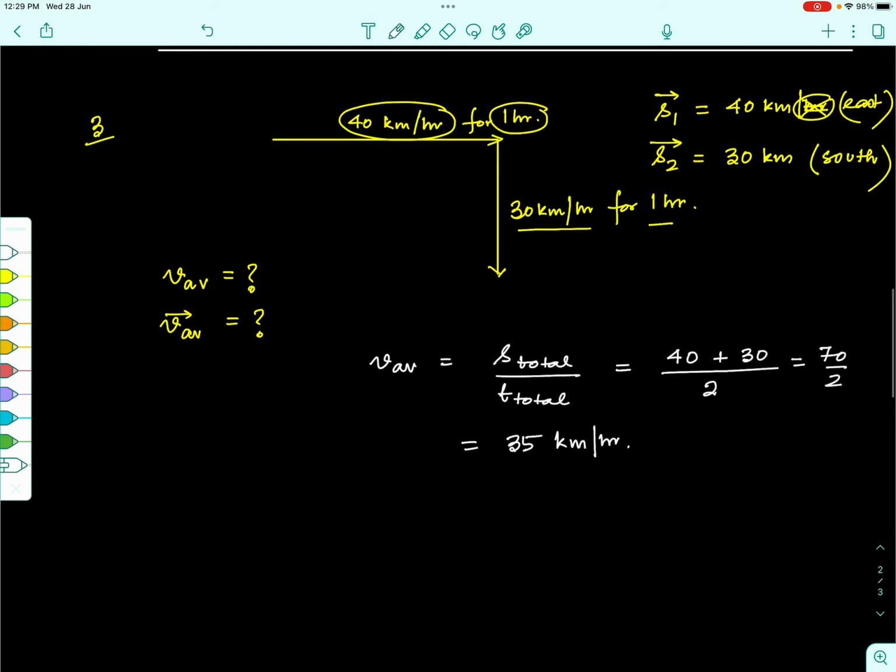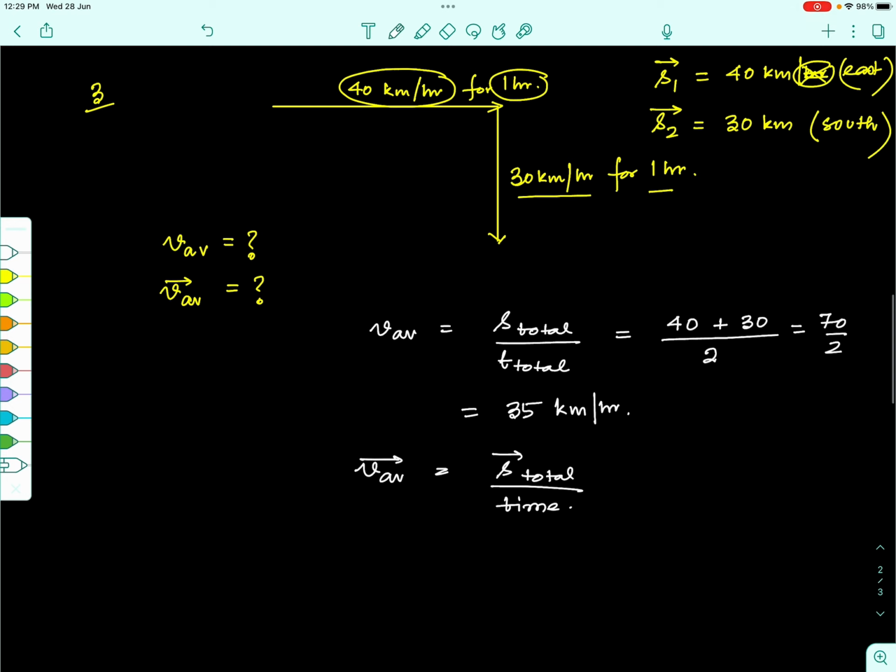Whereas, if we try to find out the average velocity, that by definition is the total displacement by the total time. Now, how do we find out the total displacement? We can use the triangular law of vector addition. We can draw the figure corresponding to triangular law.